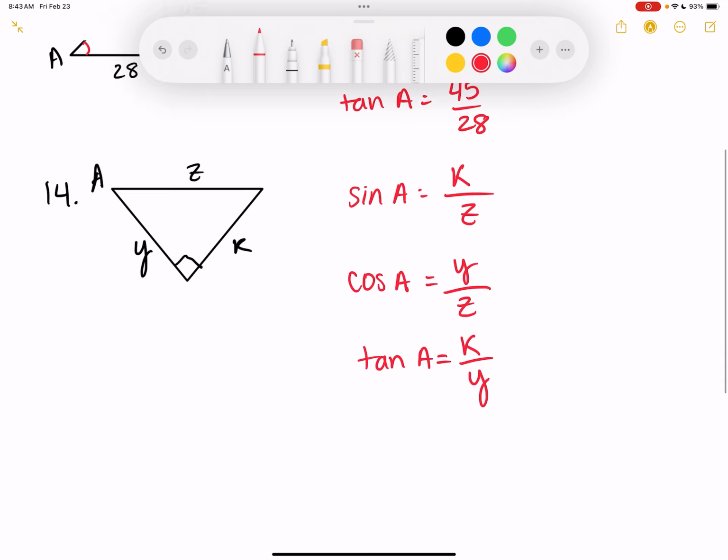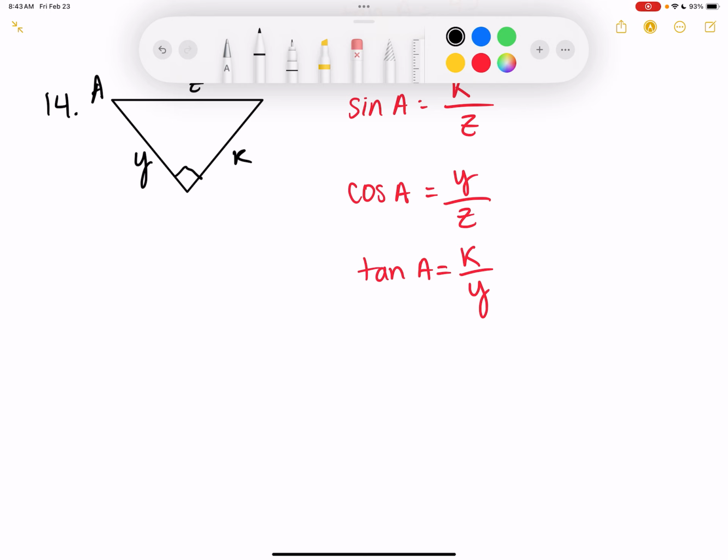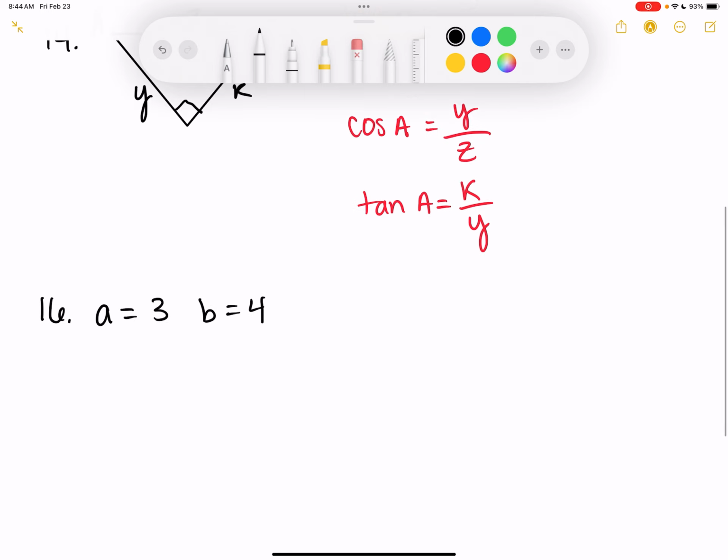So these ones kind of have a lot to them. Number 16: side A is 3, side B is 4, and side C is always going to be your hypotenuse for these problems. I typically like to draw my triangles like this, trying to make it more of a right triangle.